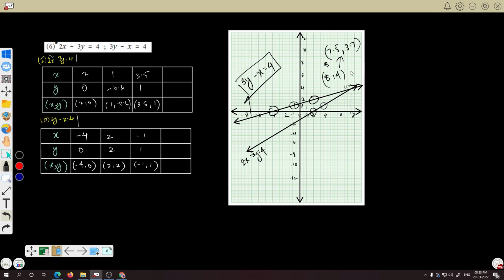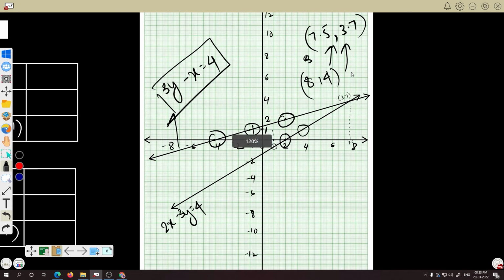Again I am repeating, the slight difference in the answer is due to inaccuracy. I don't have a proper scale and pencil, so there is a chance that I have made some mistake while drawing the line. Still, when you plot the graph, my suggestion is to use a sharp pencil. If you use a sharp pencil, you will get the exact and accurate value.